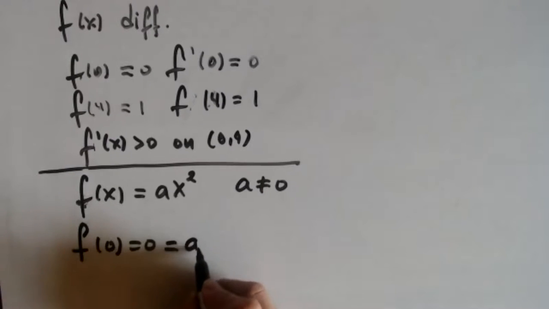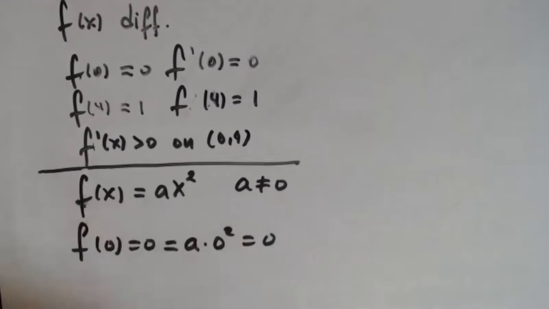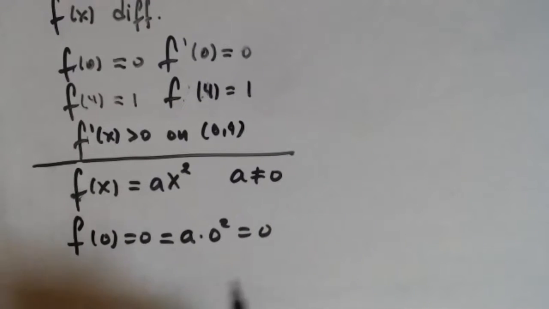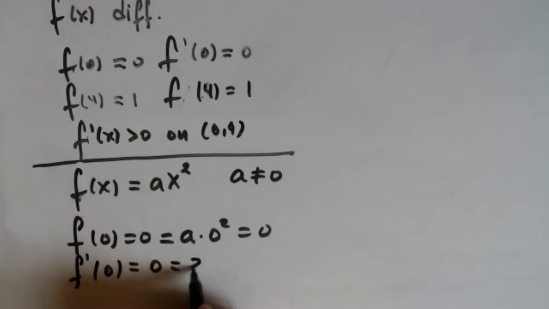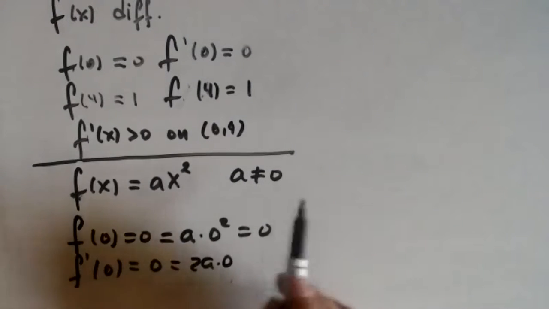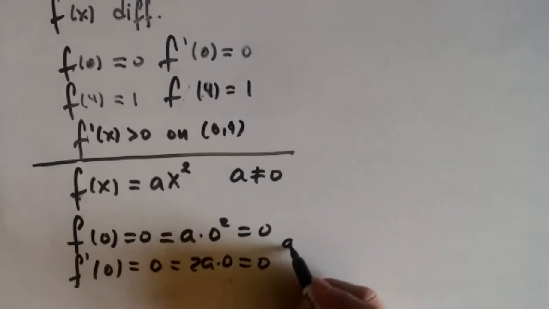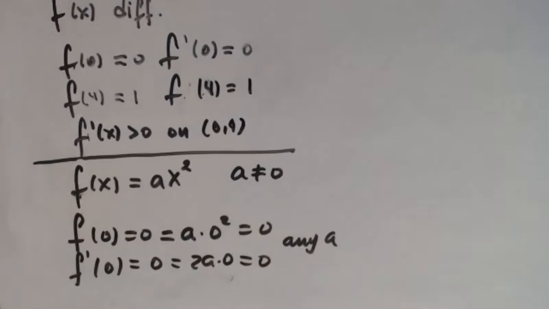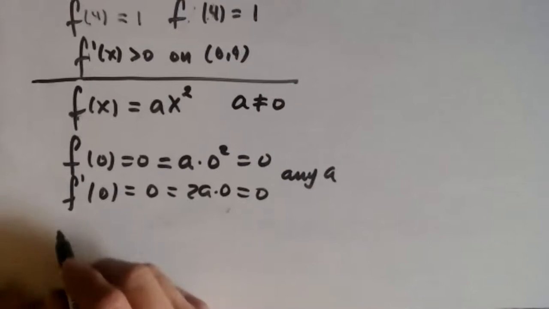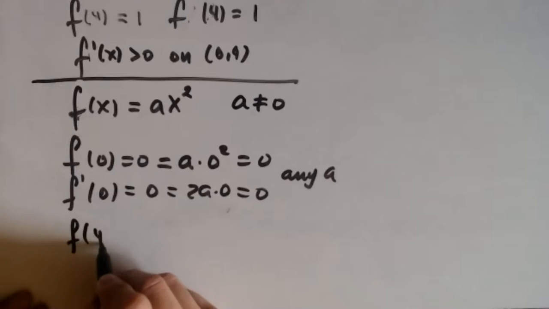So this is a times 0 squared, which is 0, so a could be any number. Then f prime of 0 is 0. The derivative is 2ax, and at 0 this is 0, so a could be any a. So the first condition doesn't give me anything. But let's see the second condition: f of 4 is 1.